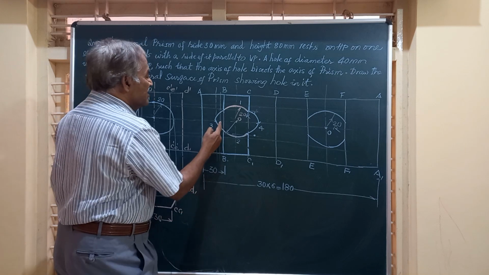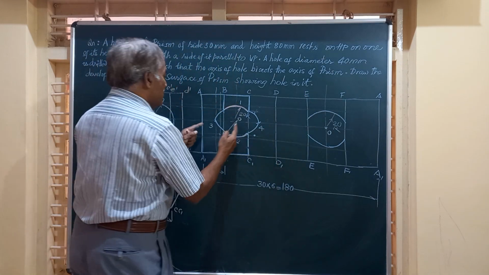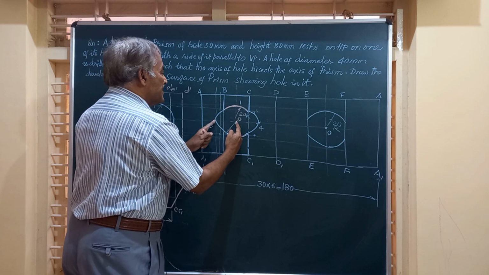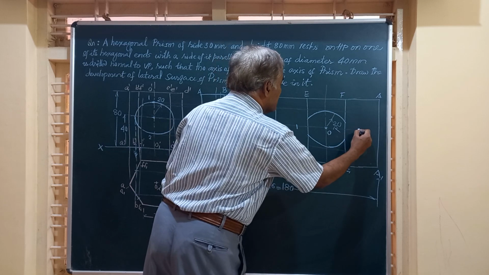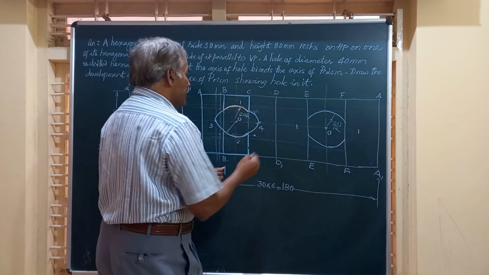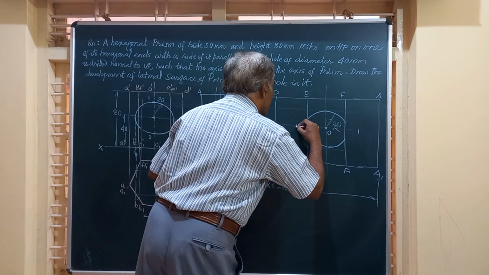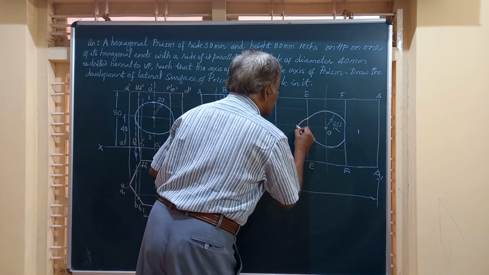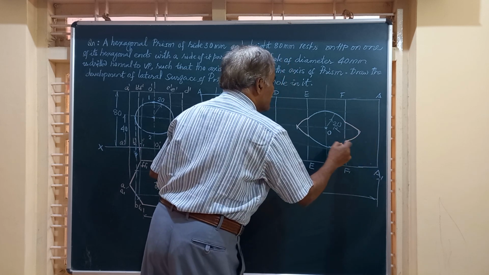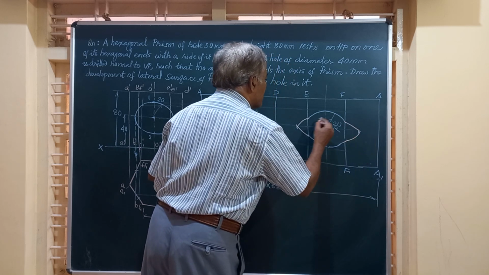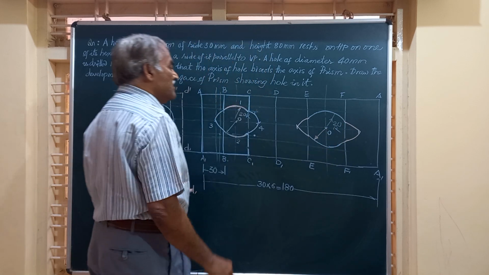So friends, here these points can be located, that is, what are the distances from O to 3 or O to 4. You have to take these two ends here, and you will join them the same way, all these points to be located and joined by a smooth continuous curve. It is going to be a smooth continuous curve. This is the radius 20 mm.